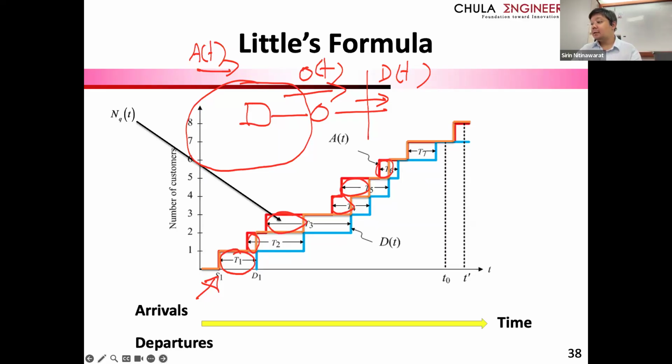And then once the server is ready, the subsequent customers will go to be serviced. That's the area between the orange curve and the original blue curve DT. So when you derive the Little formula only for the queue, you replace the original blue DT with the orange OT.